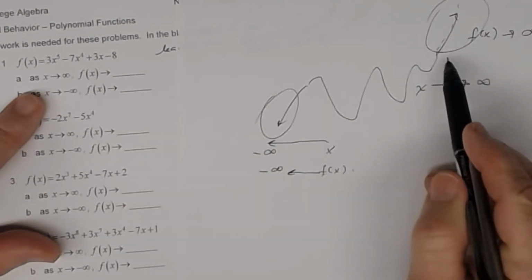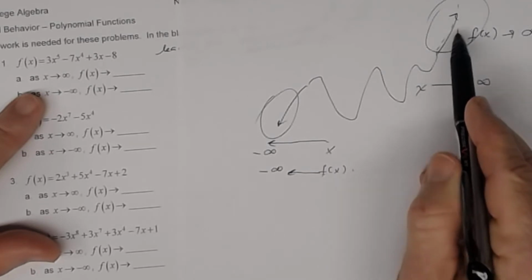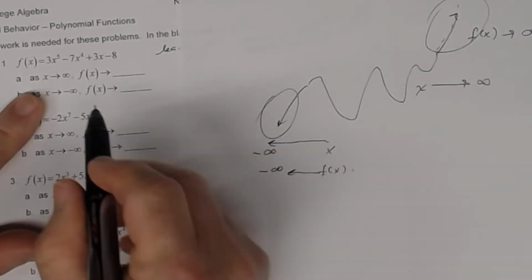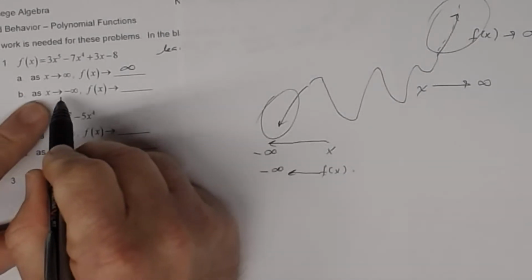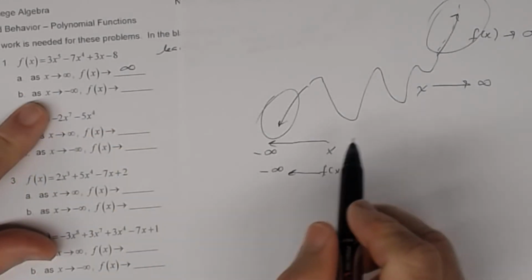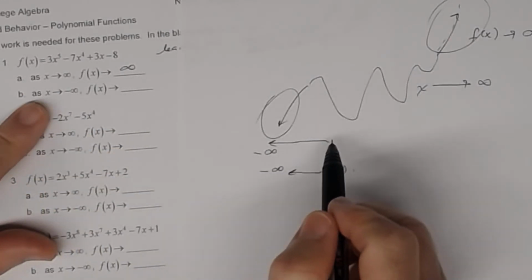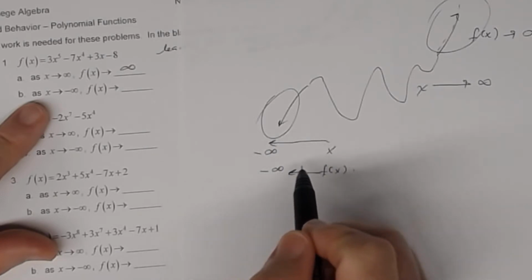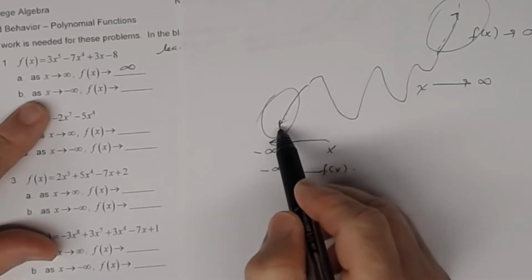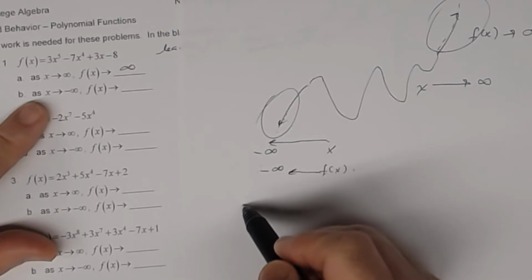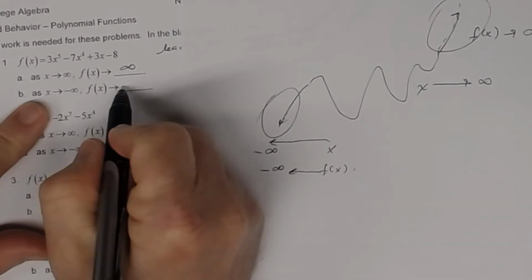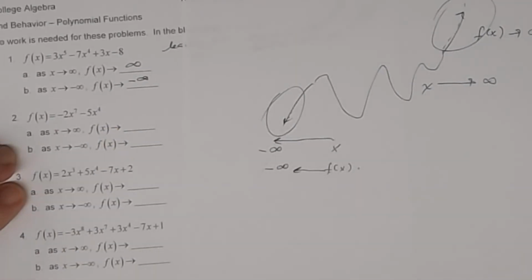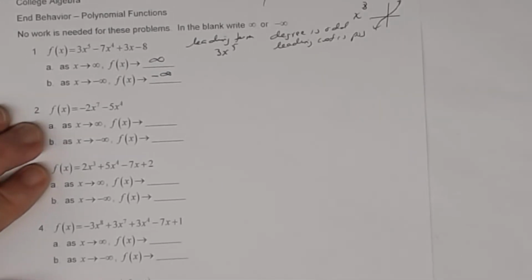What's the right behavior? So on my right, my y values approach positive infinity. Okay? And then over here, what happens on the left-hand side? What's the left-hand behavior? So as x approaches negative infinity, what happens to those y values? Those y values are approaching negative infinity as well. All right, so negative infinity.